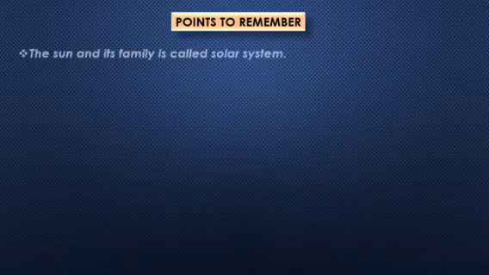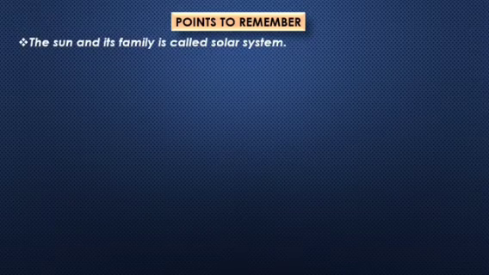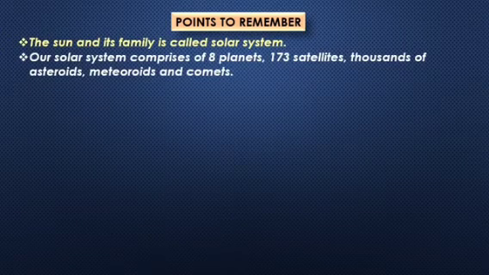Let us recall what you have learned today. Points to remember. The sun and its family is called solar system. Our solar system comprises of 8 planets, 173 satellites, thousands of asteroids, meteoroids, and comets.